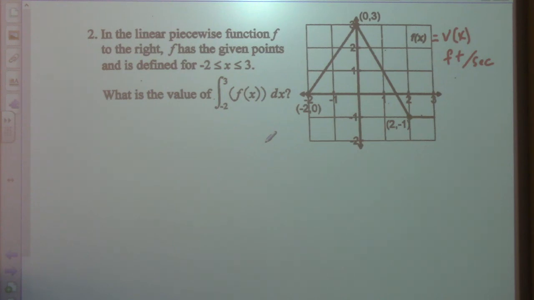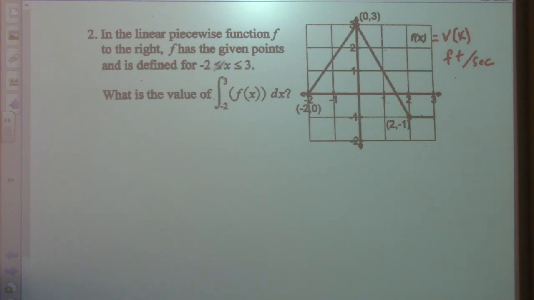So what are you going to do to eliminate the rate? Integrate. So what are you going to have left as units? Feet. You'll get rid of the per and just have the units there. That's going to come up in a real world application, so I'm just previewing that.